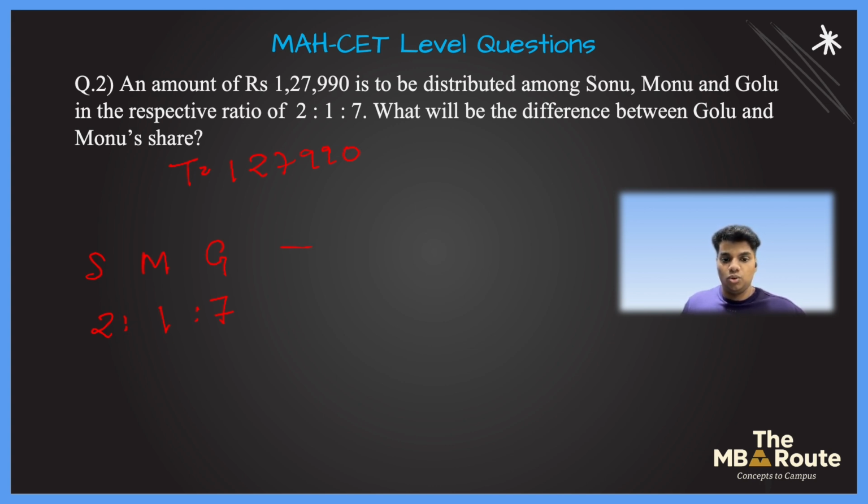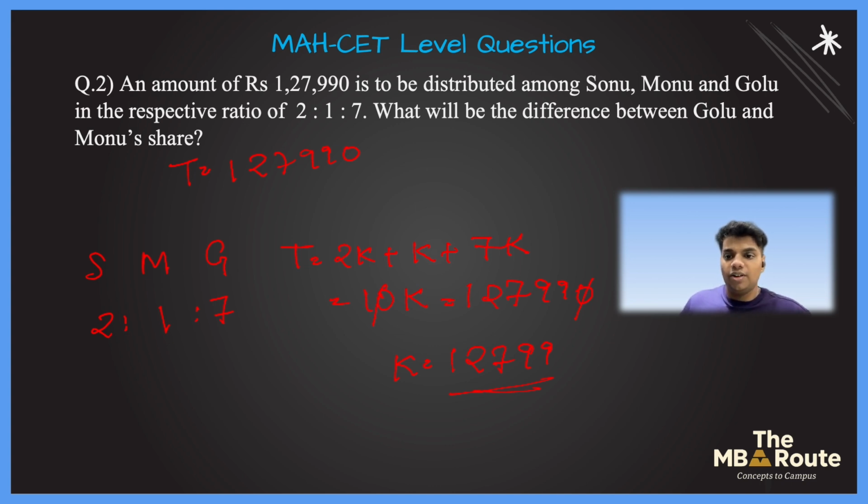So the total would be 2k plus k plus 7k, that is 10k, which is in turn equal to 127,990. So from here we get the value of k, that is k is equal to 12,799.